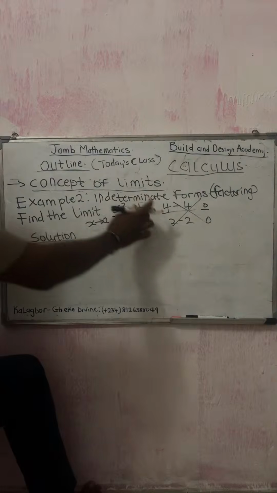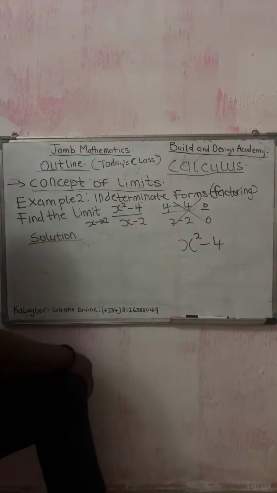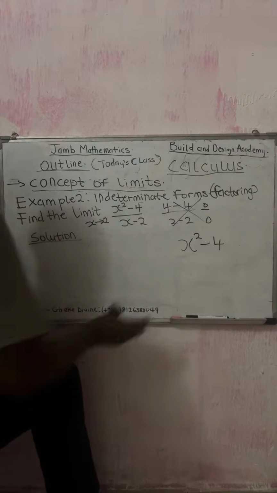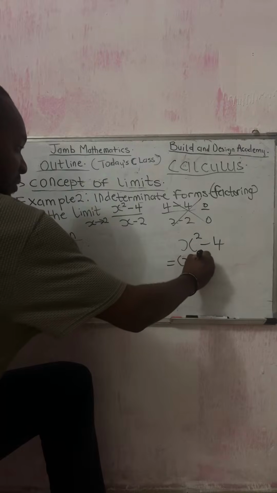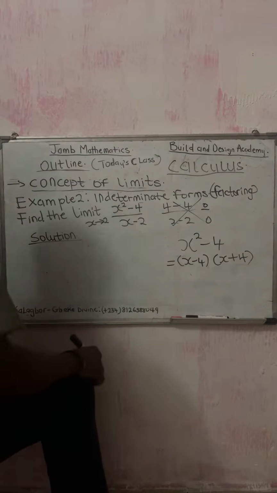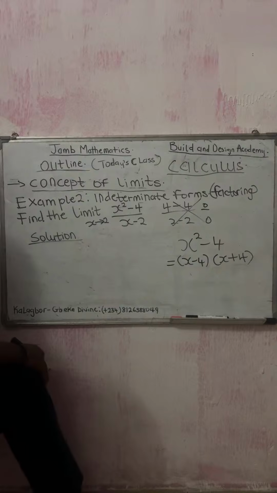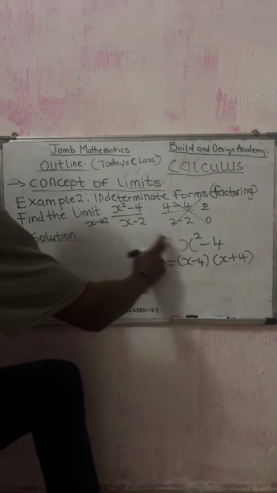Now watch. From our previous class, we said something about this. If you can remember, difference of 2 squares. When x squared minus 4, since both of them are perfect squares and there's a negative sign, you can simply factorize them and it will now become x minus 2 and x plus 2.